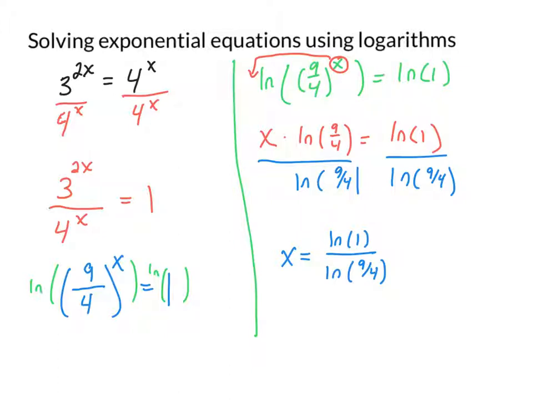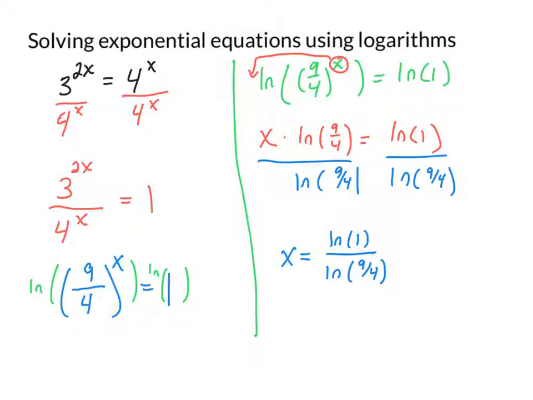Thinking through my exponent rules, I know that any number to the 0 power is going to be 1. So I could say that I believe the answer is 0. But over here, x is the natural log of 1 divided by the natural log of 9/4. So let's see if I can reconcile this.